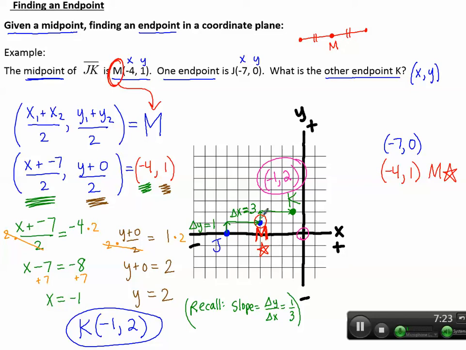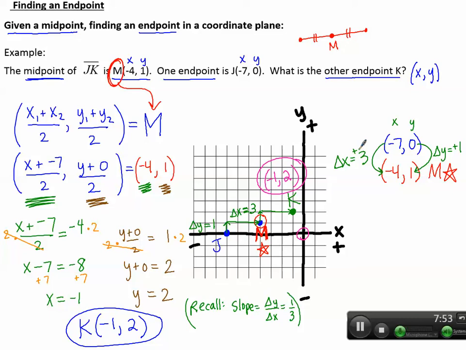Now, similarly to here, how we counted, that's what we're going to do now. Starting with the y's, to go from 0 to 1, that change in y is +1. We added 1. To go from -7 to -4, think of a number line. We go up by 3. So that's our change in x, because remember this is x and this is y. So our change in x is +3.